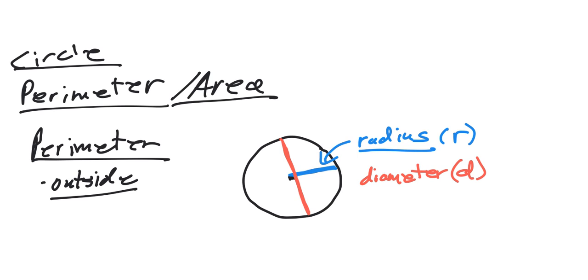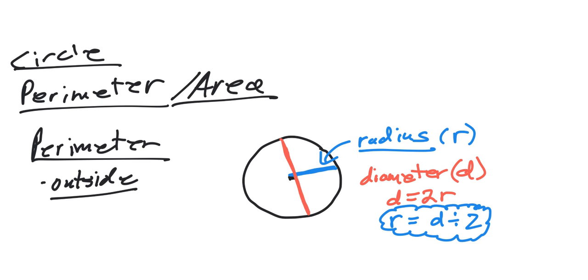Now, the diameter is twice the radius. Or if I ever wanted to calculate the radius from my diameter, I take my radius, and it's equal to the diameter divided by 2. Now, this is very important. You will use this several times in your life.